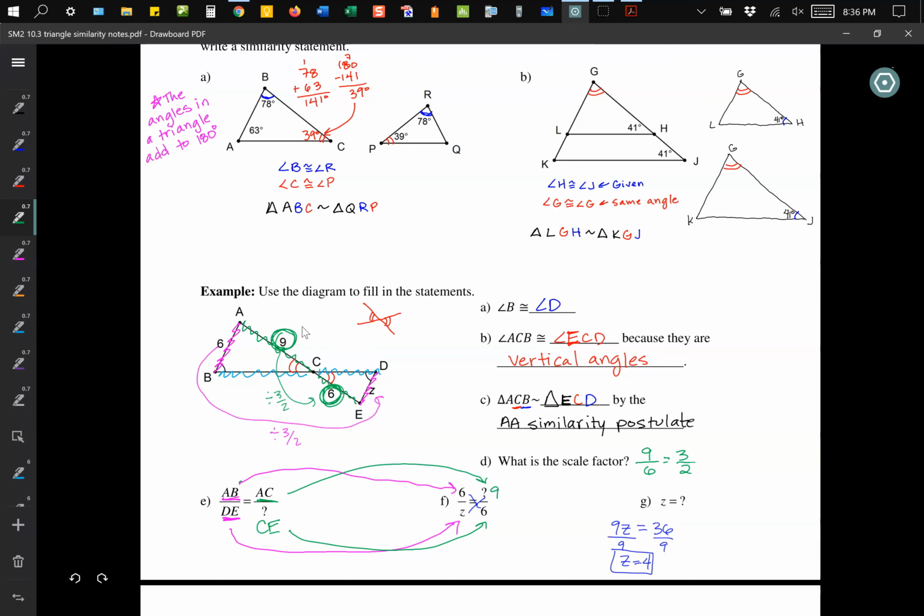That is another option for you if you prefer to think of it that way. So to get from the bigger one to the smaller one, divide. To get from the smaller one to the bigger one, multiply. That is one other thing you can do if you didn't like setting up the equation.